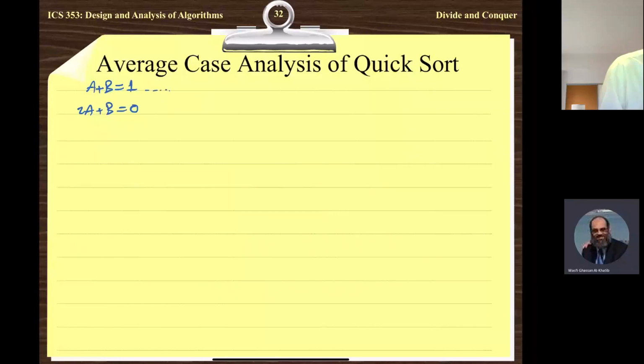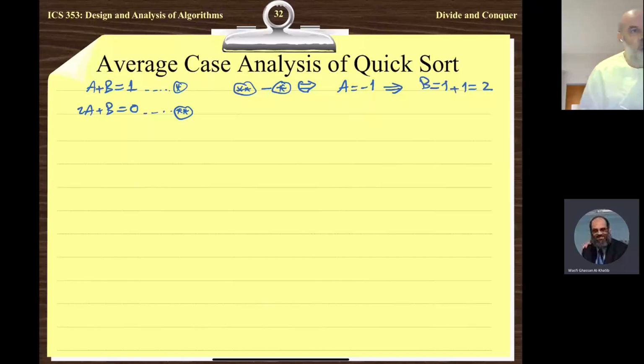If I call the first one star and the second double star, then double star minus star: 2a minus a is a, b minus b is 0, 0 minus 1 is minus 1. So a is equal to minus 1. Therefore b is equal to 1 minus minus 1, so plus 1, which is equal to 2.